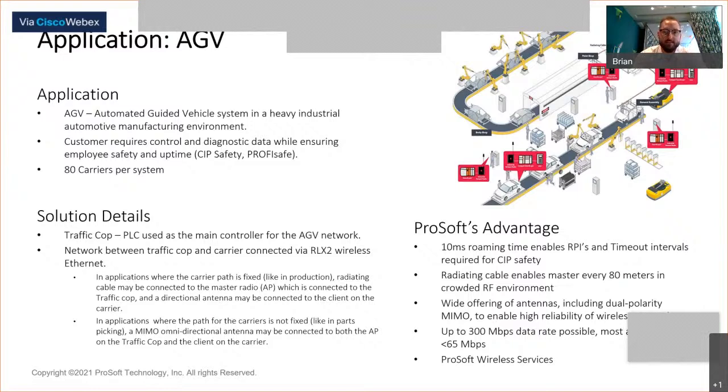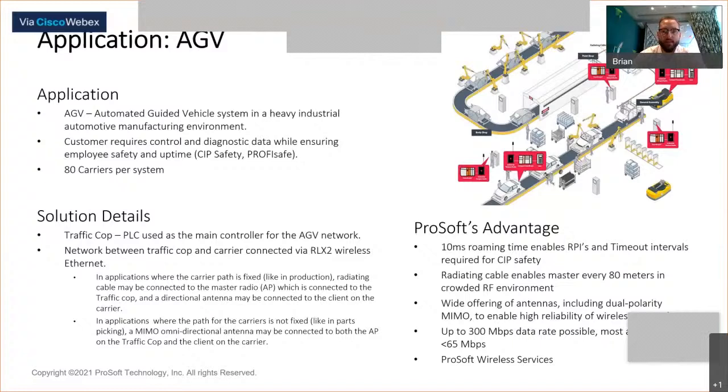So wireless connectivity is required for control data and diagnostic data in these applications. And since there's movement, safety and risk reduction is critical. Many times customers in these markets leverage a safety protocol like CIP Safety or ProSafe to improve the safety rating of their system. When safety comes into play, you need a wireless solution that maintains connectivity and is reliable through the entire application.